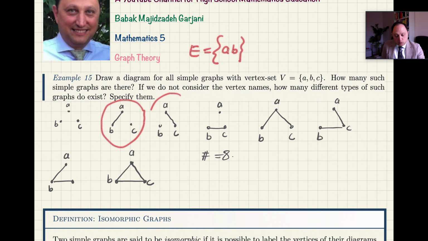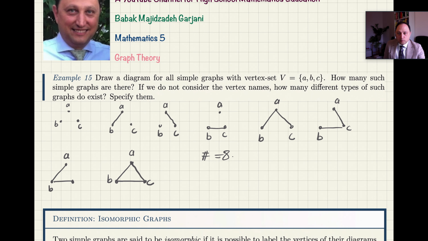But the edge set of this one should be another set. Let me call it E prime. This would be AC, and then you see that they are not equal. So technically speaking, these 2 graphs are not equal if we consider the labels, so I have to count them twice, and this one the third time. Okay, I hope that this is understandable. If not, please ask me.